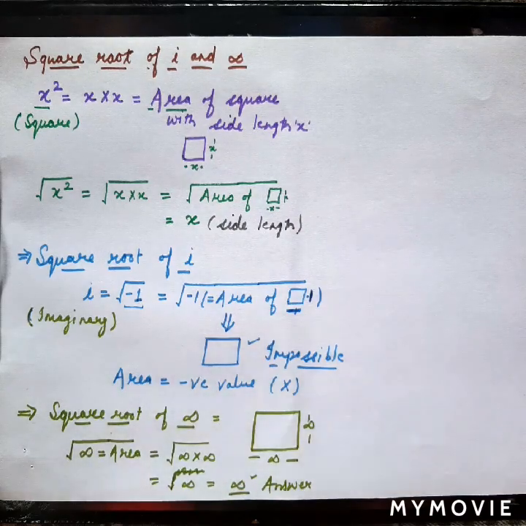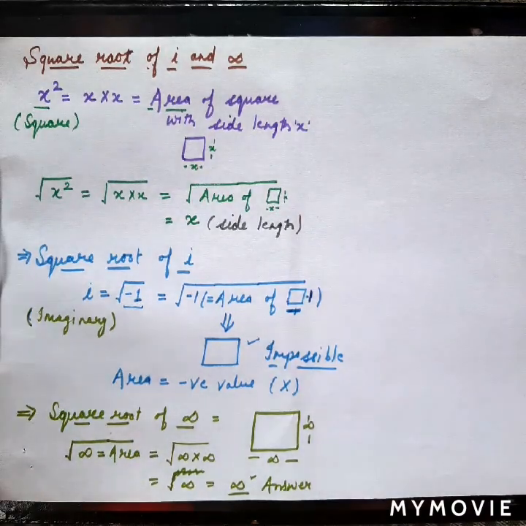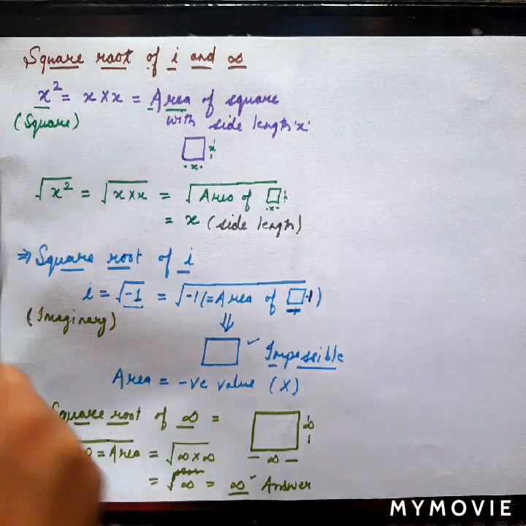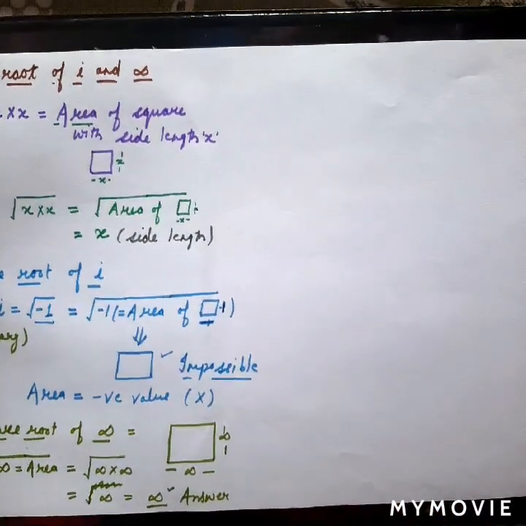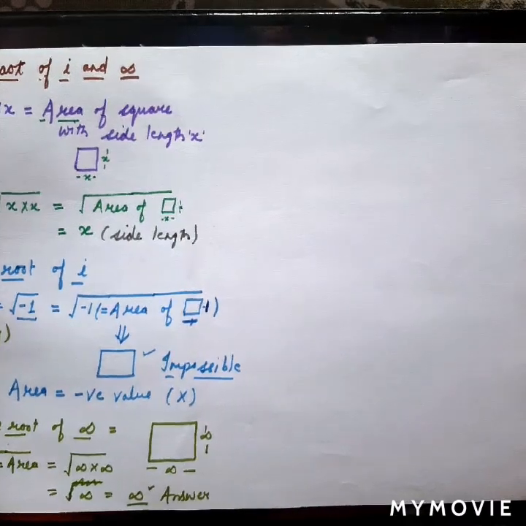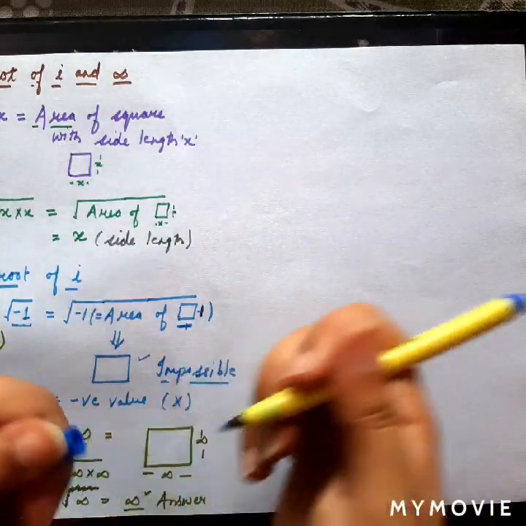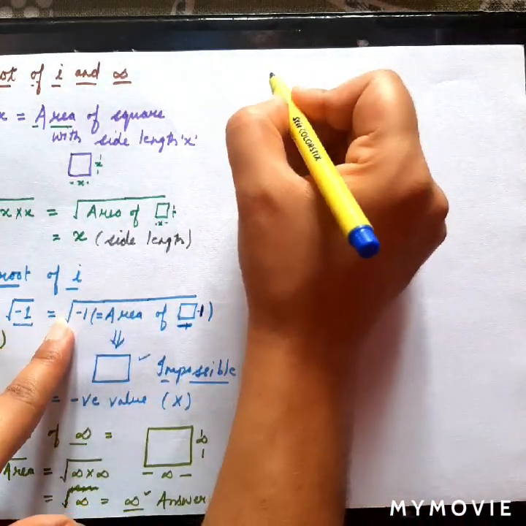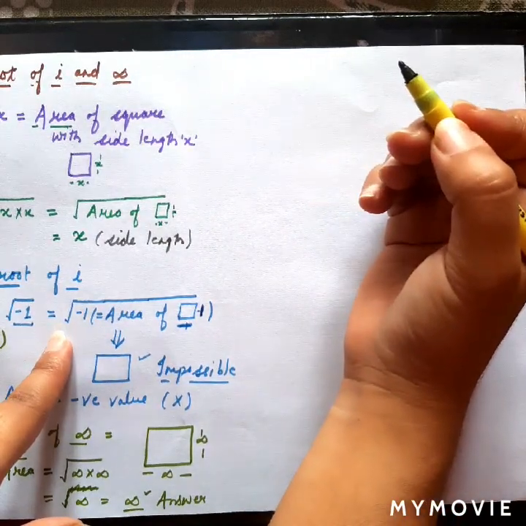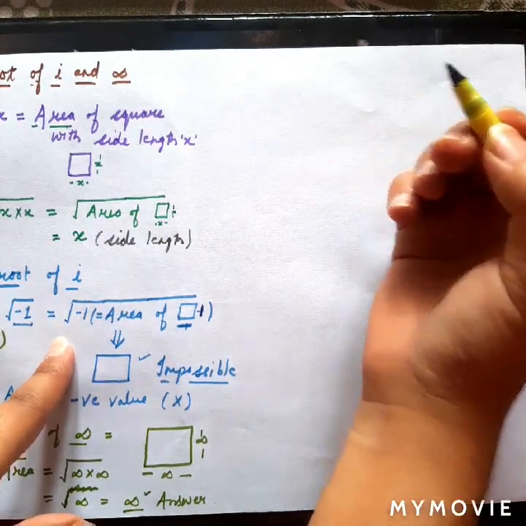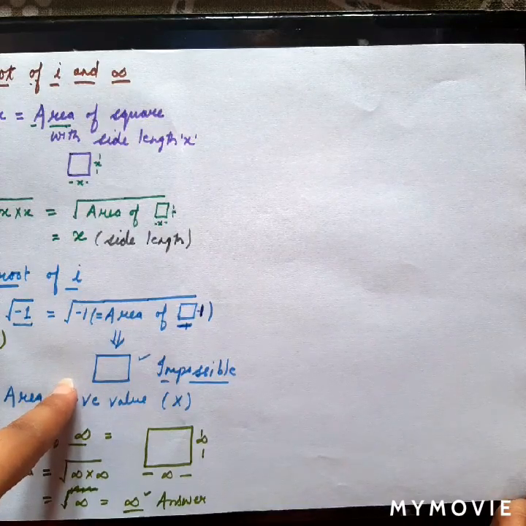Now I would like to tell you a little bit about applications of iota. What is iota? Actually in calculus we have some applications of iota, and in these applications we usually define periodic functions like trigonometric functions or other periodic functions which have a particular time period for their motion.